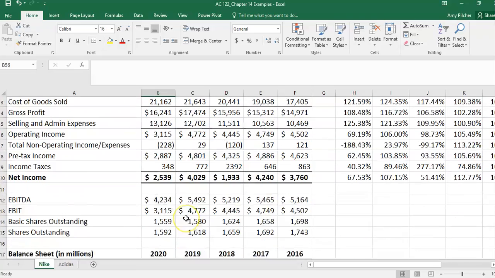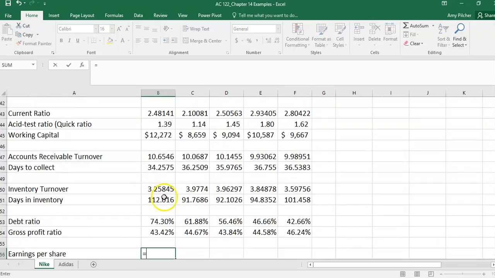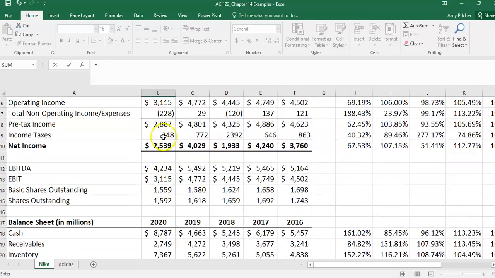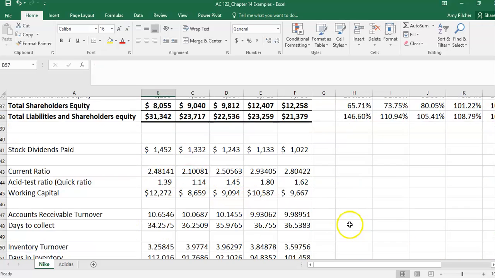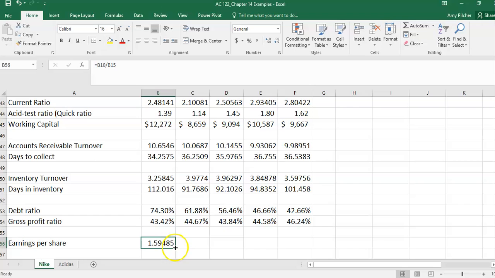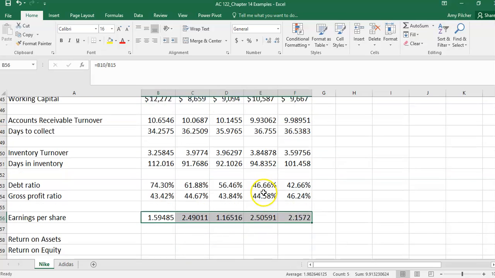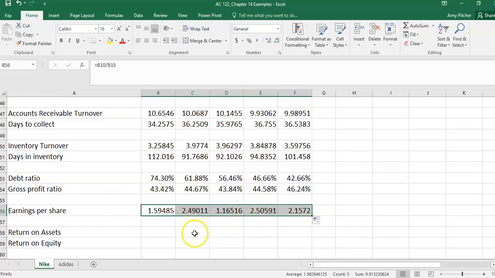So we have our net income and our shares outstanding, the number of shares outstanding. So our earnings per share for each year. What earnings per share tells us is what the projected, it looks at the possibility of growth for a stock. It's the amount of earnings that could be shared among common stockholders.